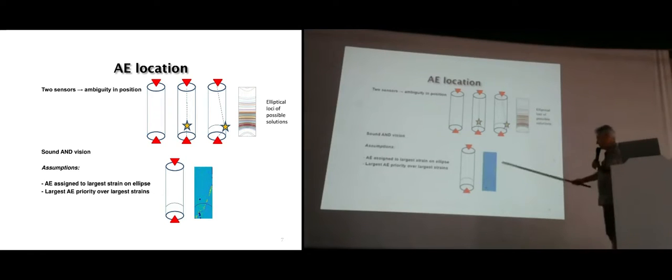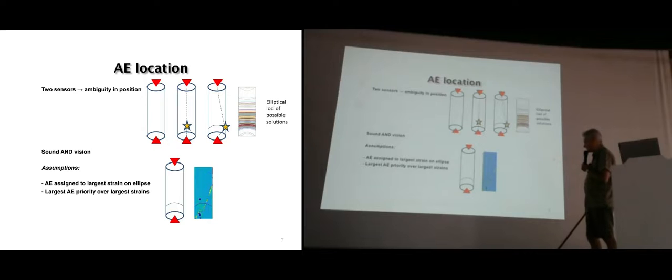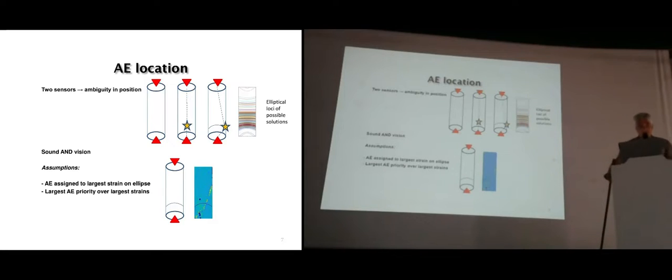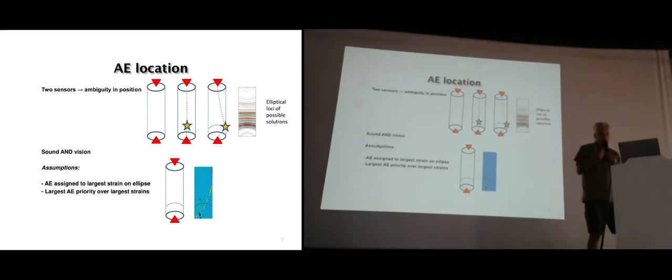This is the difference between 2 time snapshots. And then we can take the intersection of this manifold with the most likely source, which is where the high strain is. And so we adopt that as the best estimate. Essentially, we're using the strain map as a Bayesian prior on the acoustic emission location.